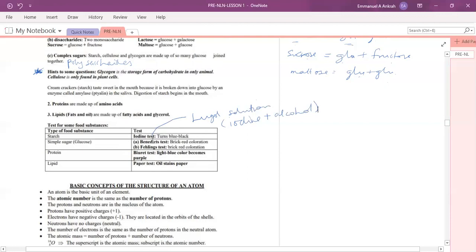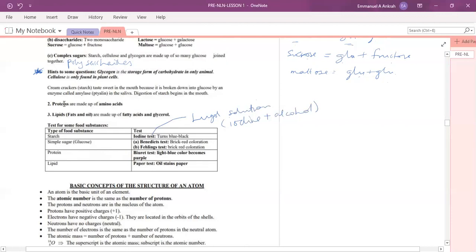If you boil it with the simple sugar, the color, which is a purple color, changes to brick red. Once that happens, then you know you're dealing with a simple sugar like glucose. So know this test for carbohydrates. Now we can talk about the protein.